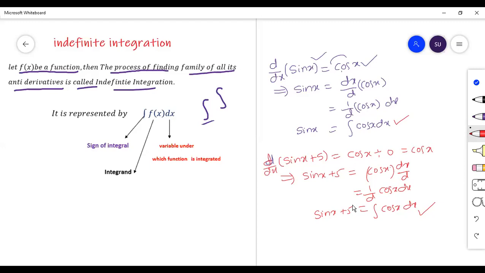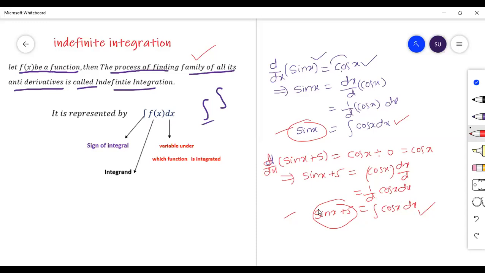Then how do we represent a common solution for this integration? Such antiderivatives, that is the antiderivative of cos x is sin x, and the antiderivative of cos x is sin x plus 5. All of these antiderivatives combined we can call the family of antiderivatives. Suppose you take sin x plus 100, the derivative is again cos x.